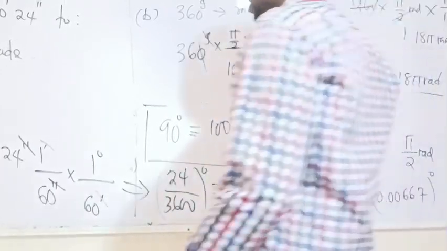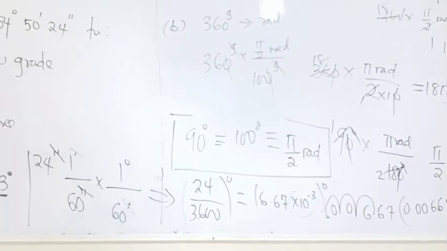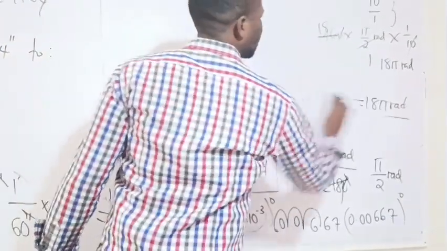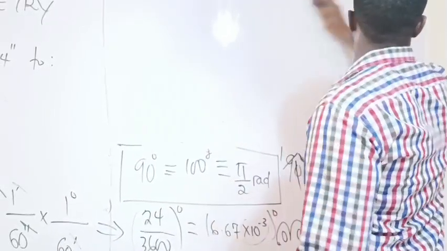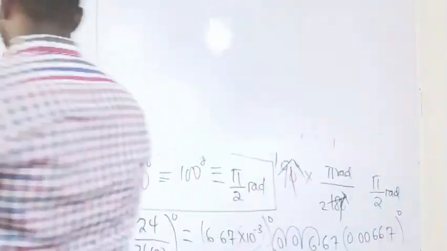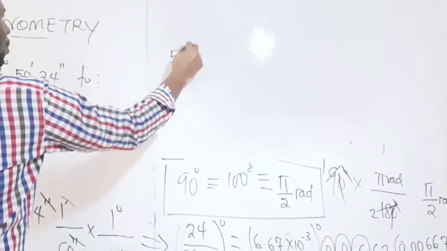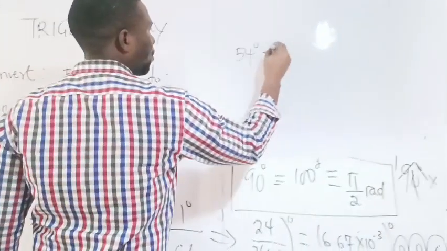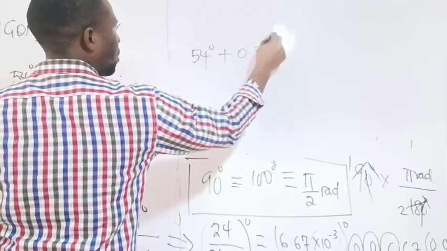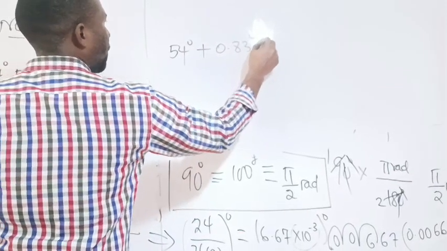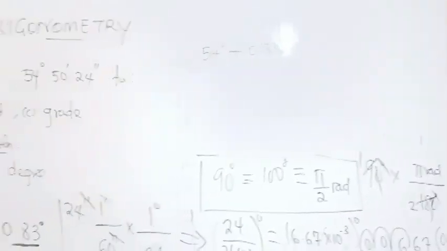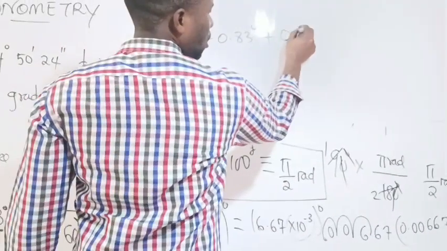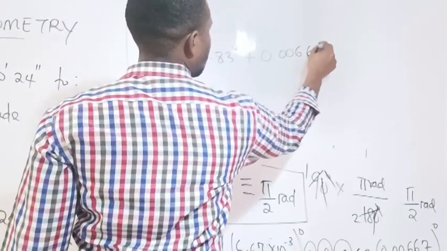All right, so now to get the answer. This would be 54 degrees, and the equivalent of 50 minutes in degrees, which we got as 0.83, plus the equivalent of 24 seconds in degrees, which is 0.00667 degrees.